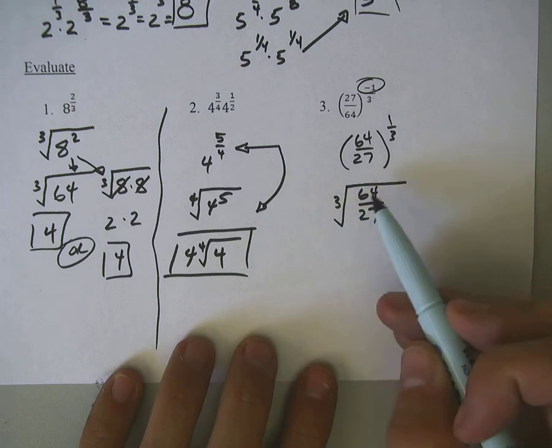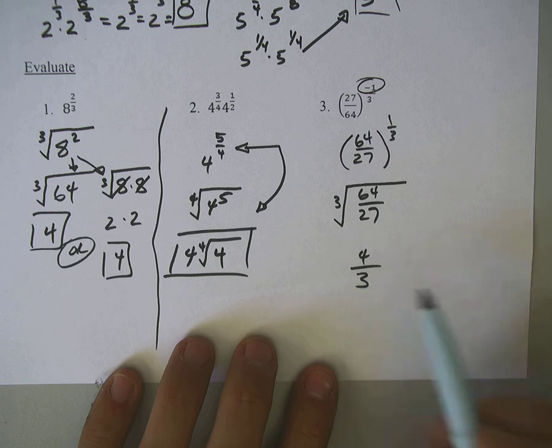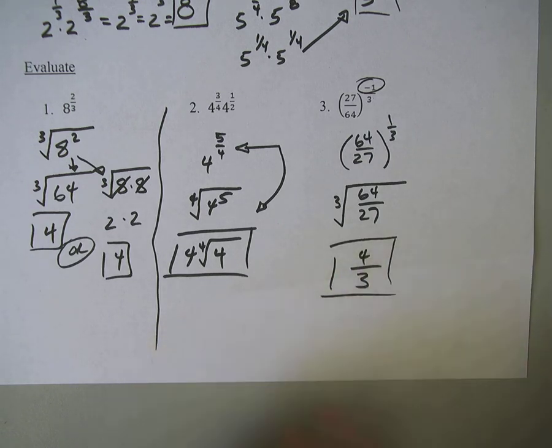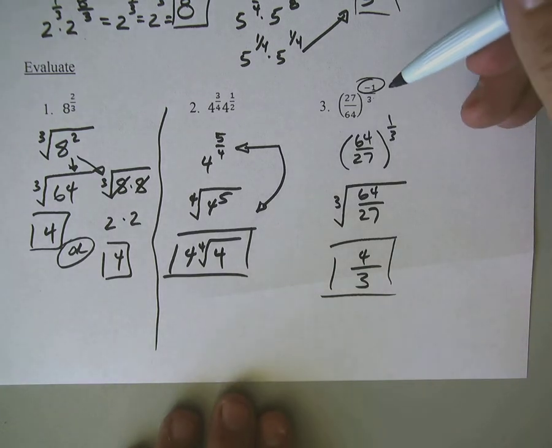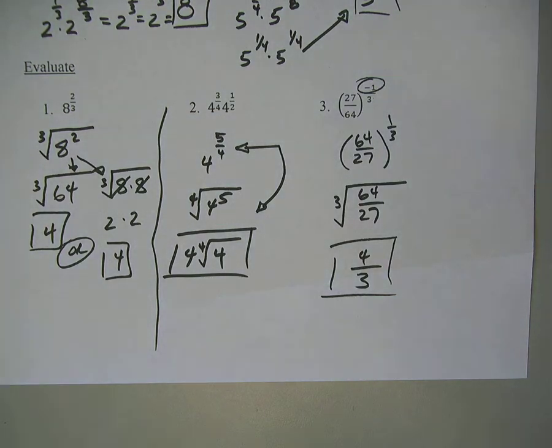And the cube root of 64 is 4. The cube root of 27 is 3. So that one works out really nicely. Okay, nice and simple. Hopefully that wasn't too difficult. Maybe the only challenging part was recognizing the fact that it said negative, so you had to flip it over.